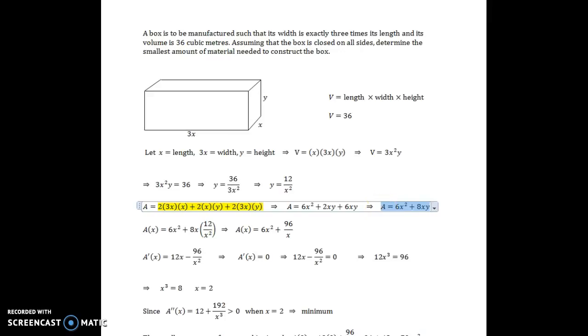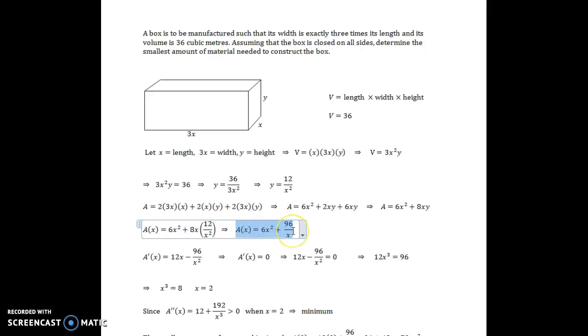Now what we need to do is get it in terms of one variable only. We can simply take our y from here and substitute it in for y here. When we do that, we get area equal to 6x squared plus 8x times 12 over x squared. You cancel x terms here, and you get area as a function of x only.